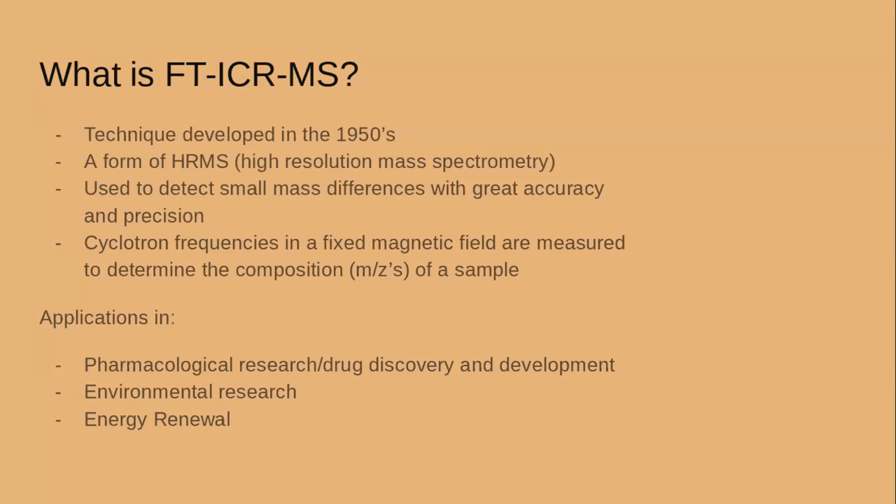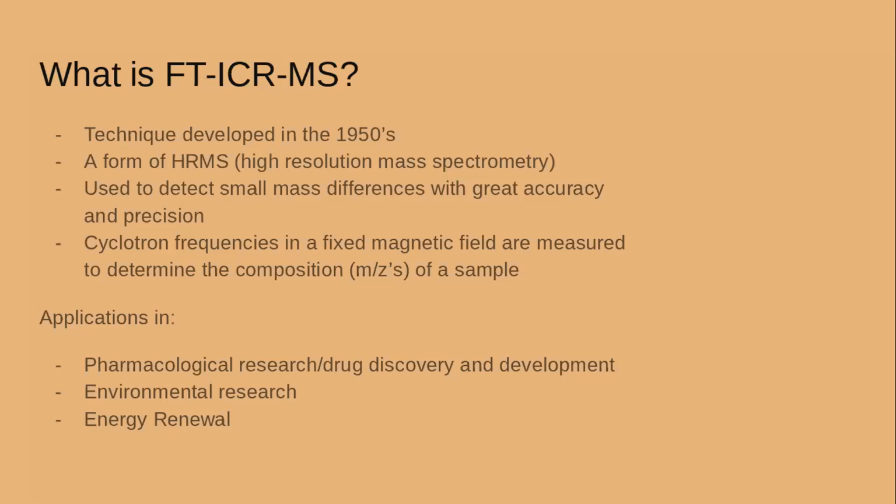That's what you would expect, and it has applications in pharmacological research and drug discovery and development, environmental research, and energy renewal. With energy renewal, because it can detect small mass differences with great accuracy, you can look at things like petroleum, which has a lot of nitrogen and sulfur components over time. Looking at those isotopes is something that I read a lot about.